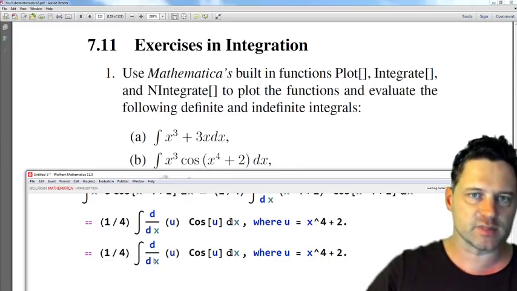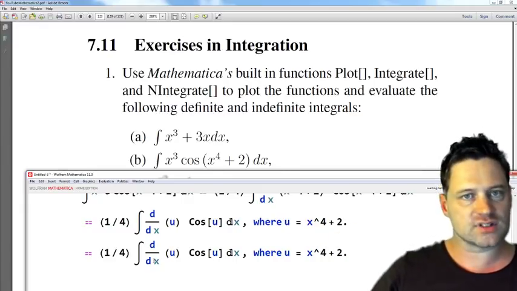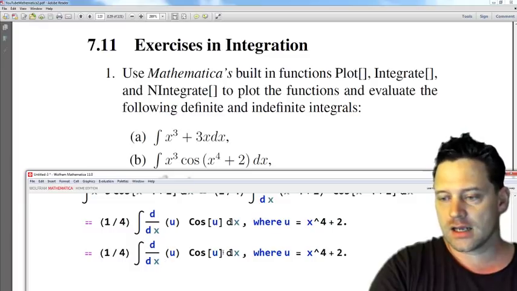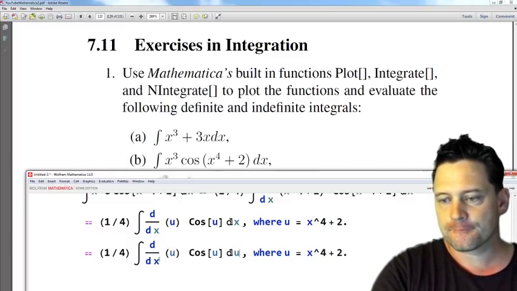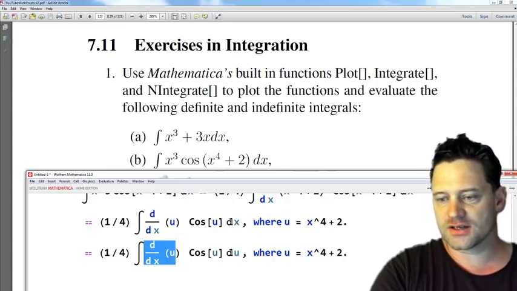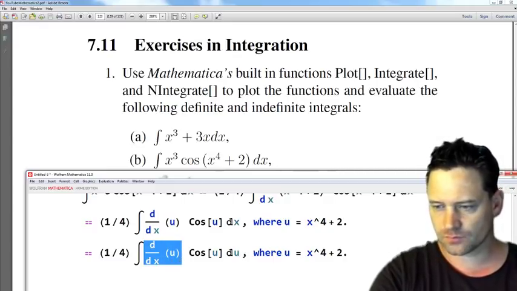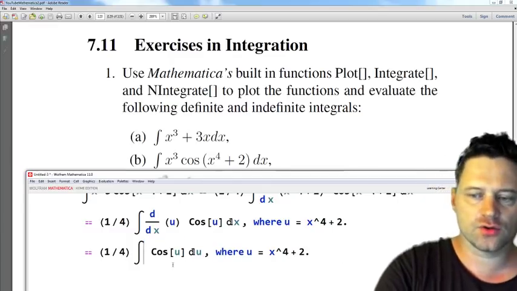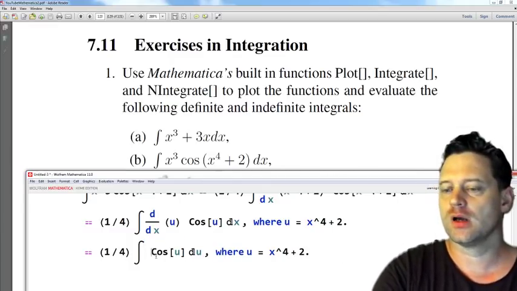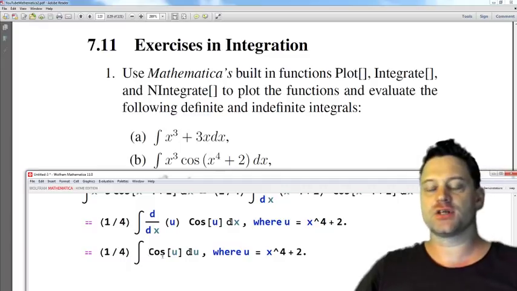And that reminds me of the rules of integration. Essentially, that this is the integral of cos u with respect to u. Okay, and this is the substitution.